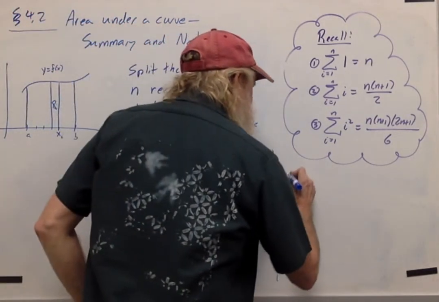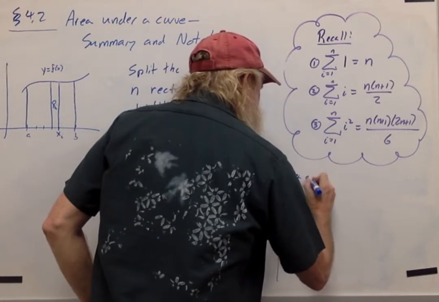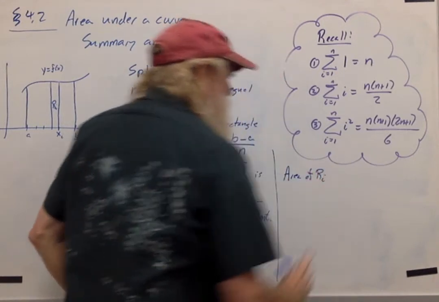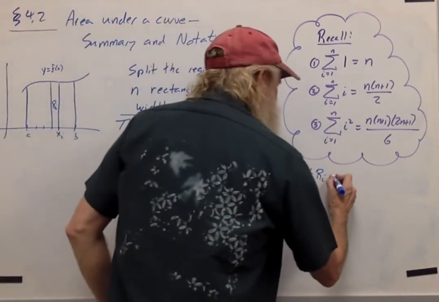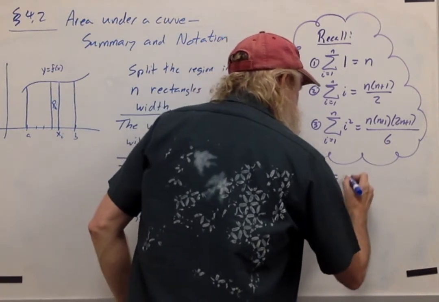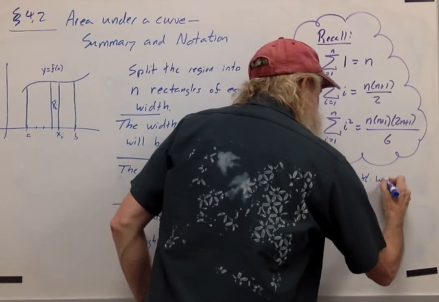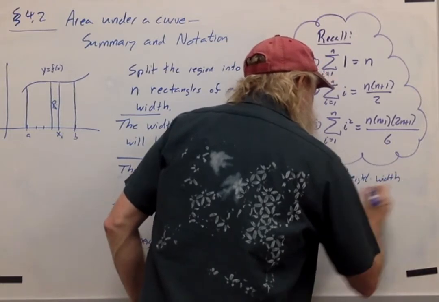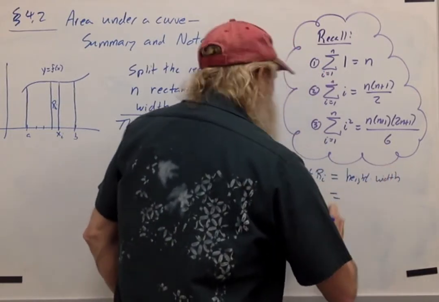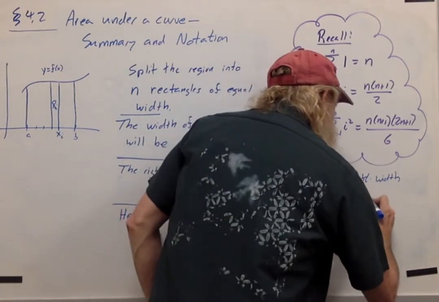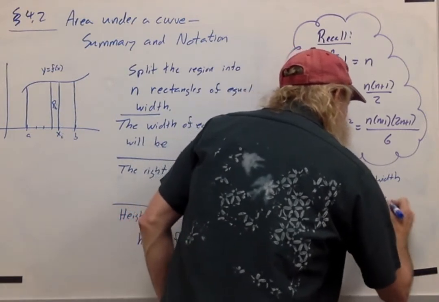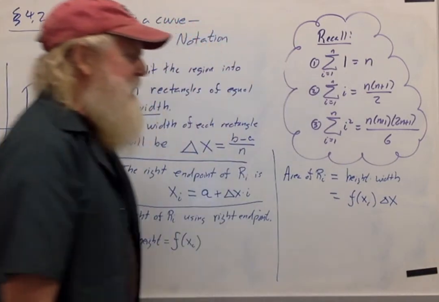So that means that the area of R sub i is going to be its height times its width, which will be f of x sub i multiplied by delta x.